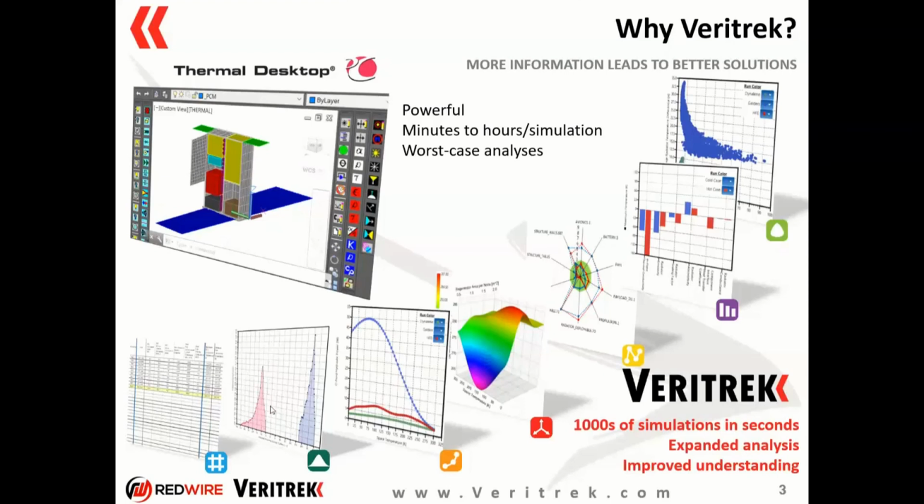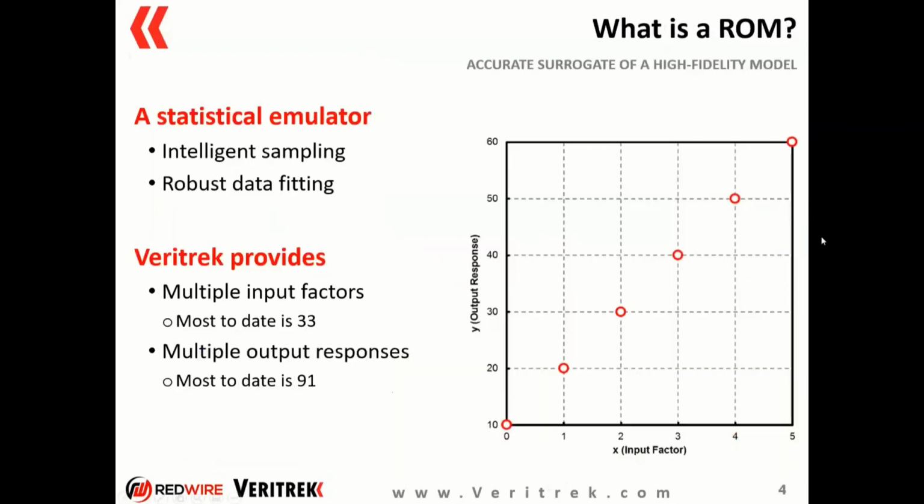We have a 2D plotting feature, again the 3D plotting feature, and our thermal model correlation analysis tool. We have screening analyses or sensitivity studies that we can do with Veritrek. And then at the upper right, we can take advantage of the speed and throw thousands of results at optimization. All right, so we can move on to the next slide.